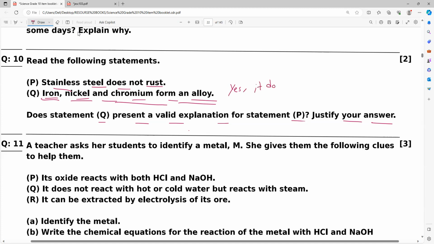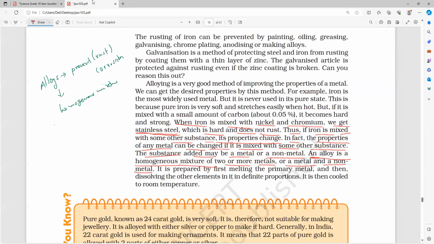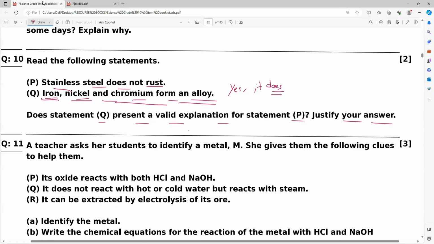Since alloying can change what, guys? Properties can change. So the individual metal is different; when they mix it, its properties are different. That's the reason Q is giving the proper explanation to P. That's what you have to remember. I hope you understand, everyone.